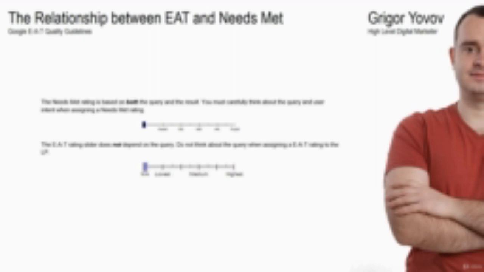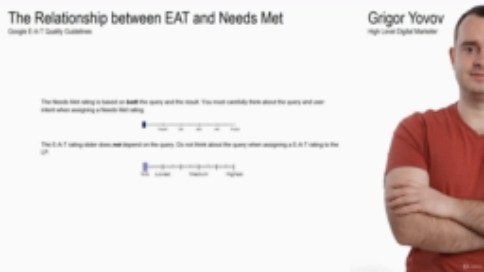On topic, helpful but low EAT results should get lower needs met rating than on topic, helpful and high EAT results. The needs met scale encompasses all aspects of helpfulness, and many users find low EAT results less helpful than high EAT results.